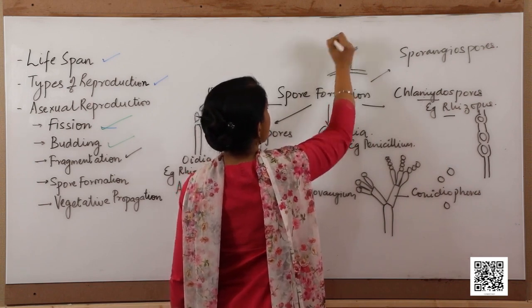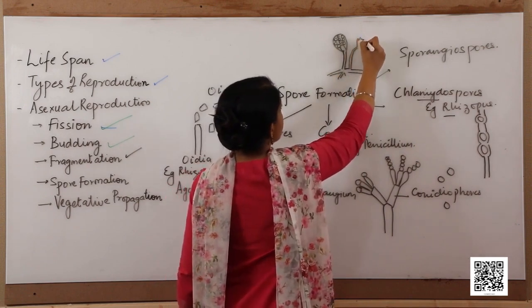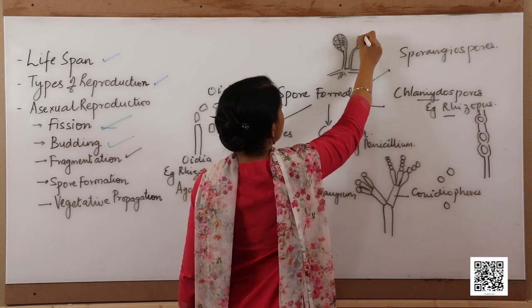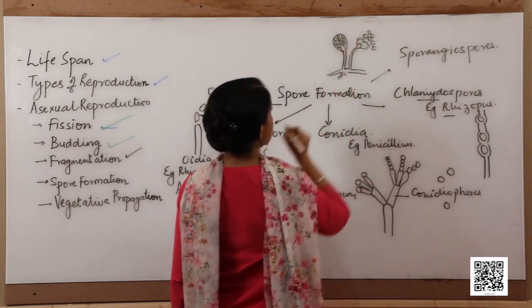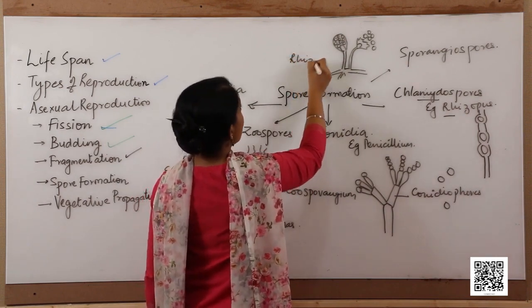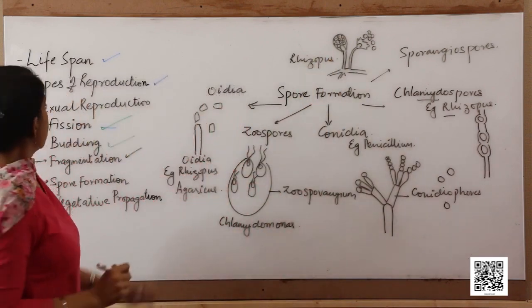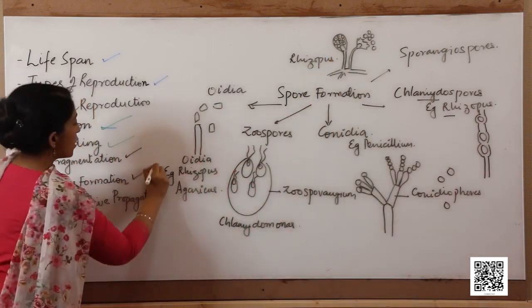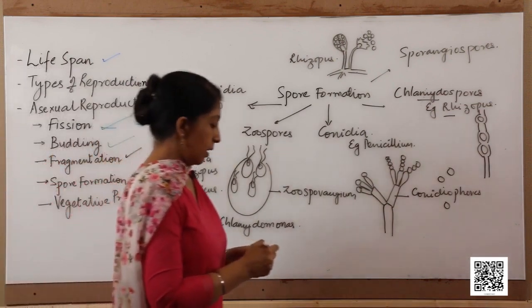When this sporangium ruptures, it releases these sporangiospores into the environment. So these kinds of spores can also be seen in Rhizopus. So this was another type of asexual mode of reproduction by spore formation.